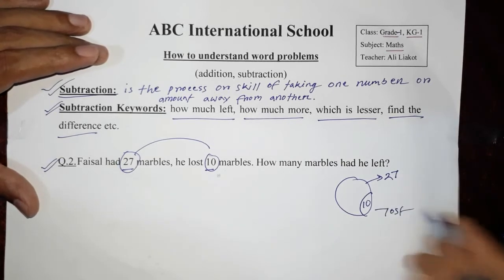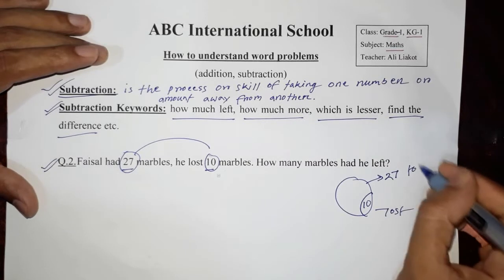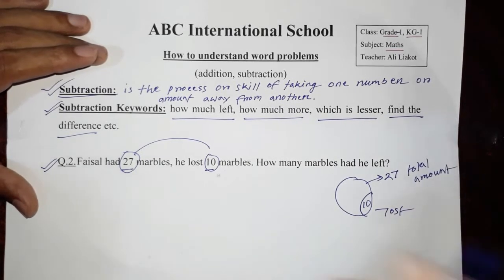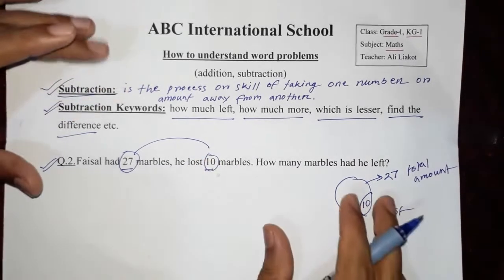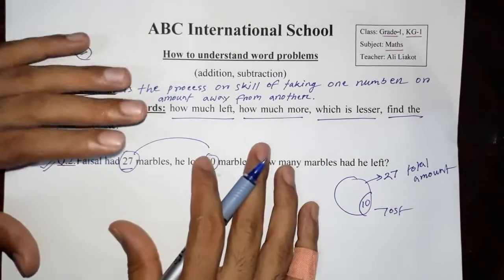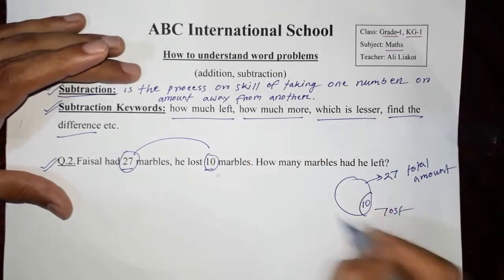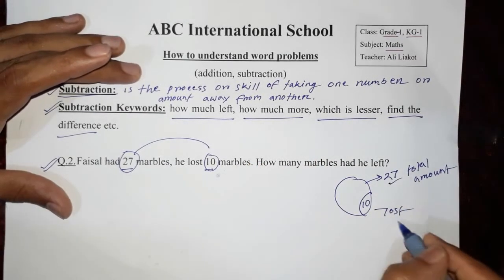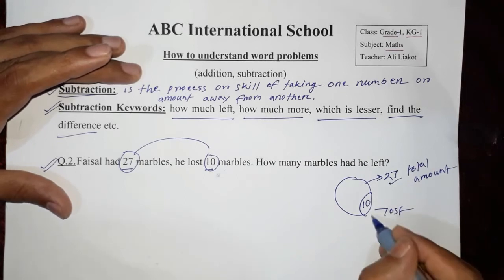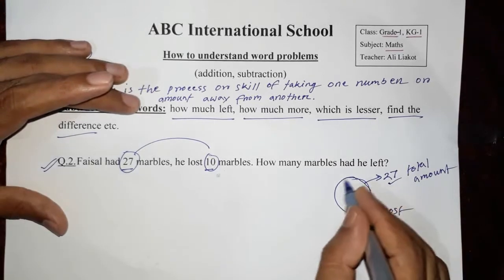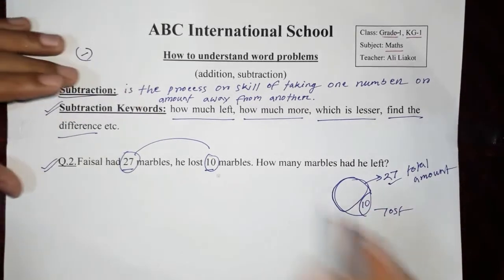This is the lost side and this is the total amount. Okay, so when we subtract the lost items from the total items, then we'll get the remaining ones. So the total amount is 27 and the lost amount is 10. So what is the remaining? This side is the remaining.